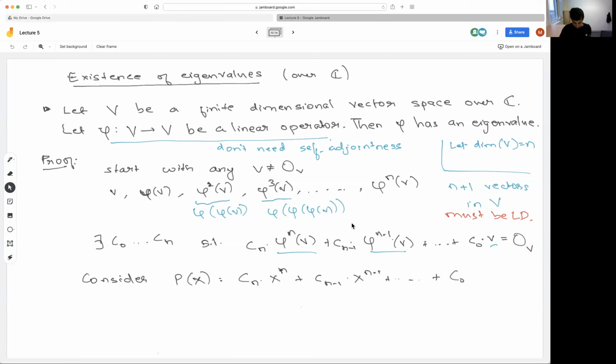This is some polynomial. We know we can always write it as a product of some factors, and let's call these factors, instead of x minus alpha 1 to x minus alpha n, let's suggestively call them x minus lambda 1 to x minus lambda n.